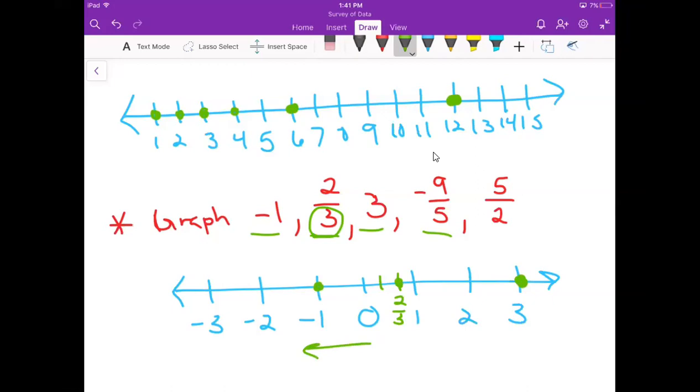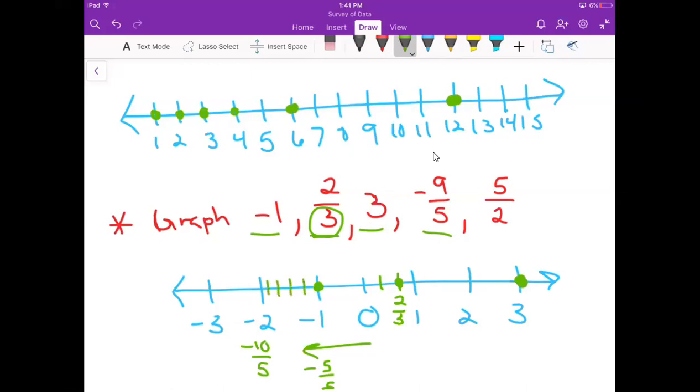Think about your whole numbers again. -1 is -5/5, and -2 is -10/5 because 10 divided by 5 is 2. That means -9/5 is somewhere in between those. But now we need 5 equal spots, which means we need one less tick mark, 4 tick marks in between -1 and -2. So here we go, 1, 2, 3, 4.